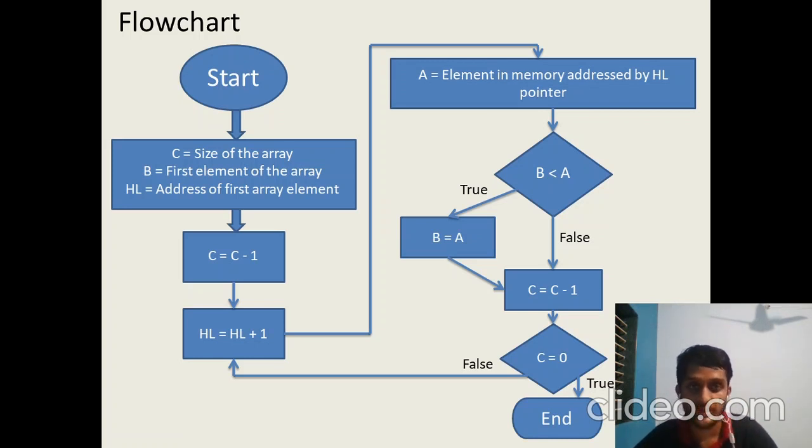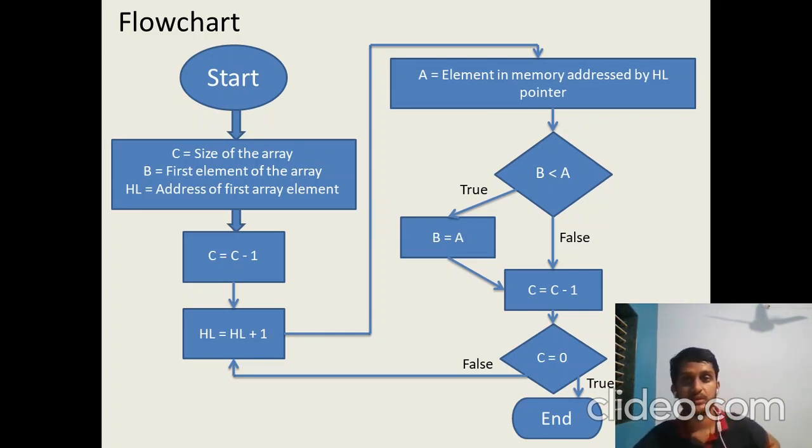Once it is moved to the accumulator, we will compare the content of the accumulator with that of register B. If the register B value is greater than that element, then we need not perform any operation. But if it is less than the content in the accumulator, it means that the content in the accumulator is higher than that of register B. We need to change the content of register B to that of this new element.